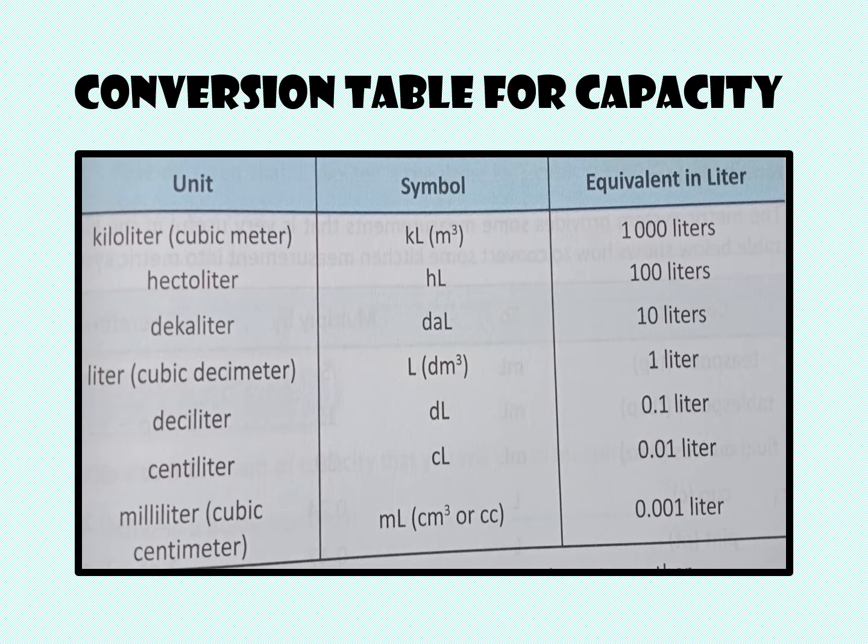Next is deciliter, which is 0.1 liter. Centiliter is 0.01 liter. Milliliter is cubic centimeter kapag sa volume. Then, it has equivalent in liter of 0.001 liter.